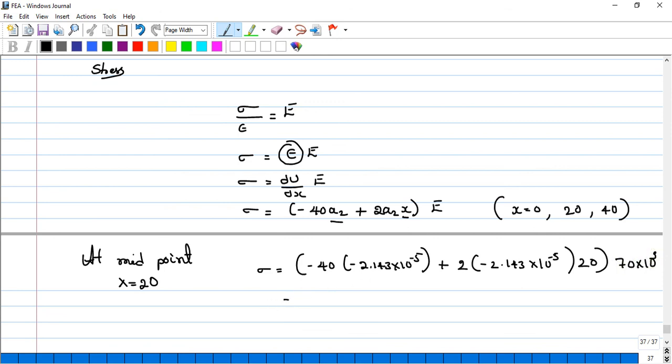Then at midpoint I am getting it as 0. Please cross check this answer.